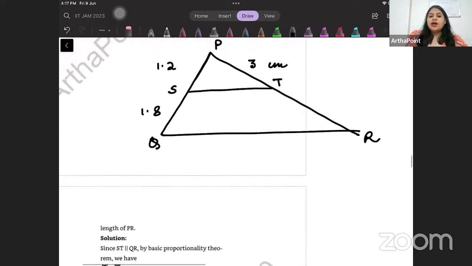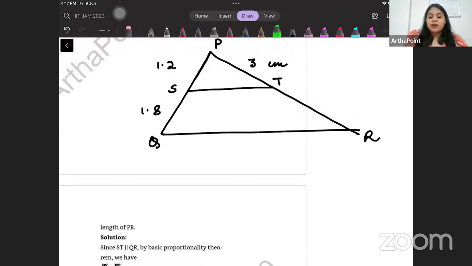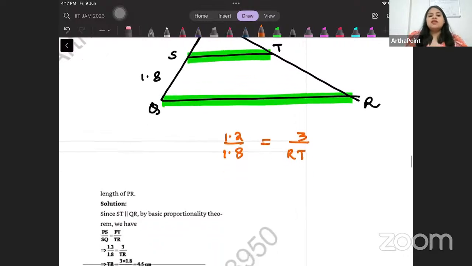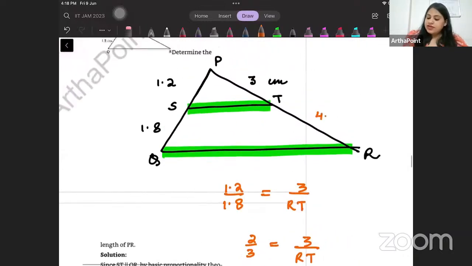Now we know, beta, that if this line is parallel to this line, then it must divide in the same ratio. So we know that 1.2 by 1.8 should be equal to 3 by RT. It must divide in the same ratio. So RT will be 9 by 2, which is 4.5.